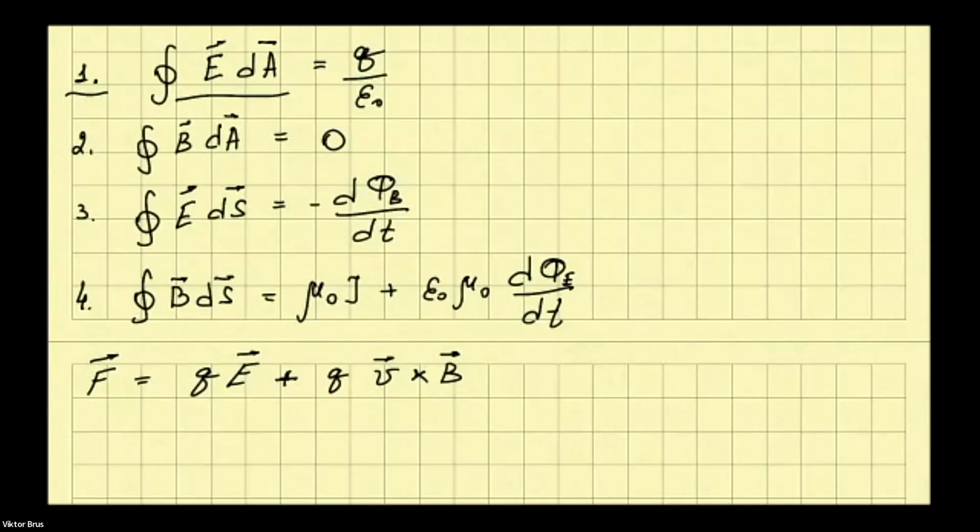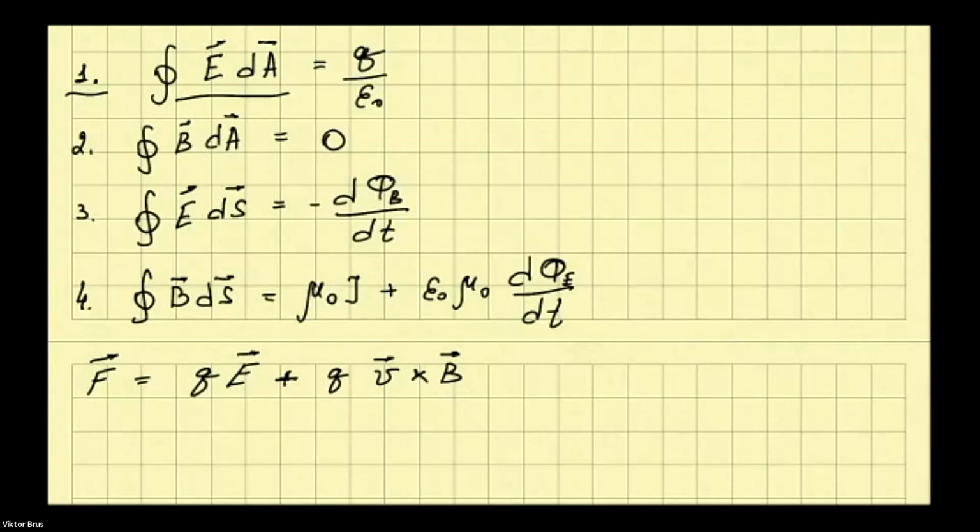And based on polarity, positive or negative, this electric field flux can also be positive or negative, because that is related to the orientation of electric field lines with respect to the surface of this Gauss surface. So that is about the first equation, and we keep this in mind: electric charge is a source of electric field.